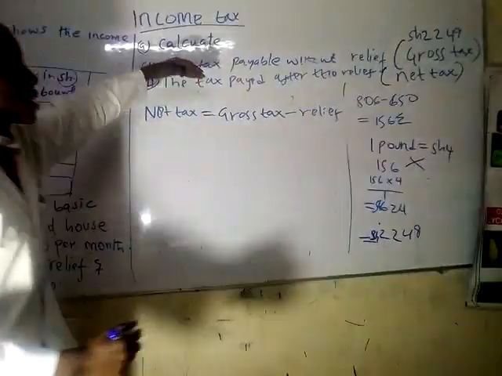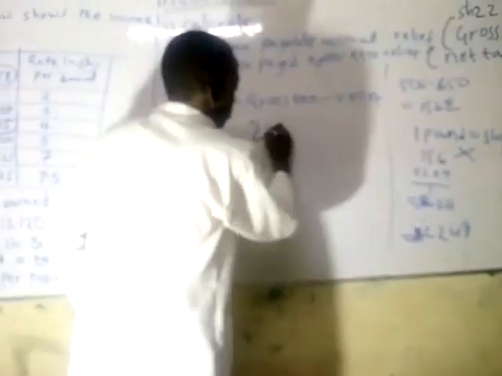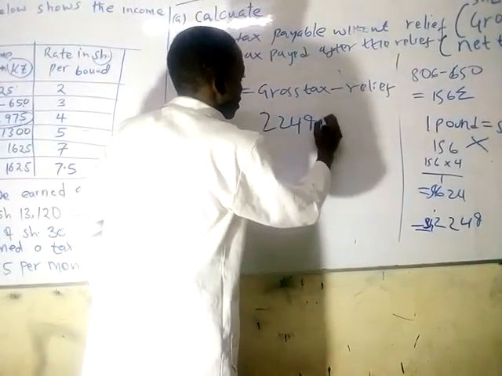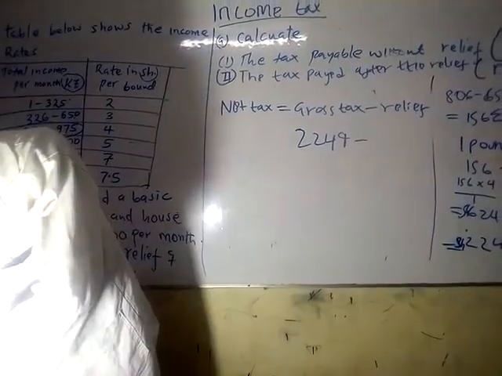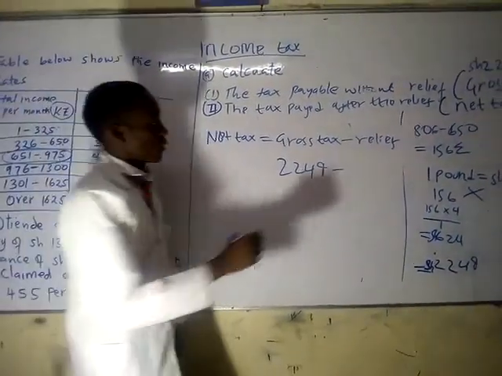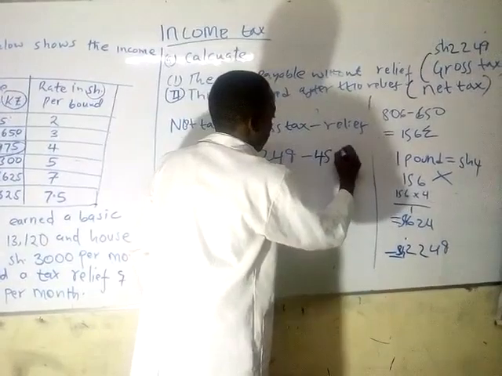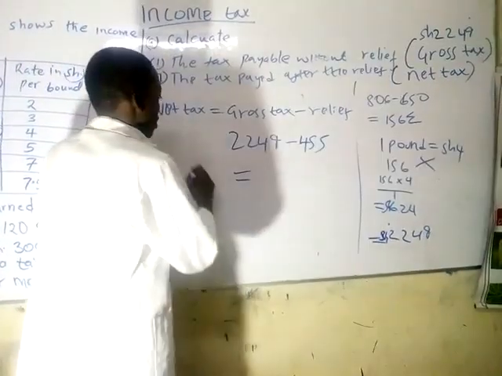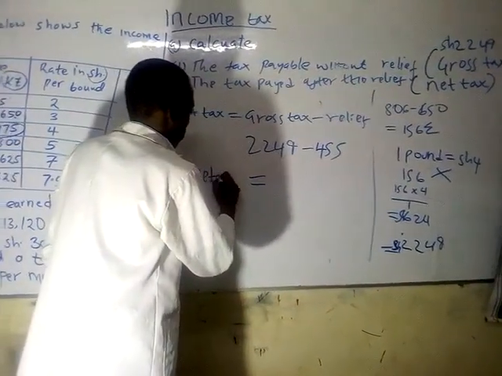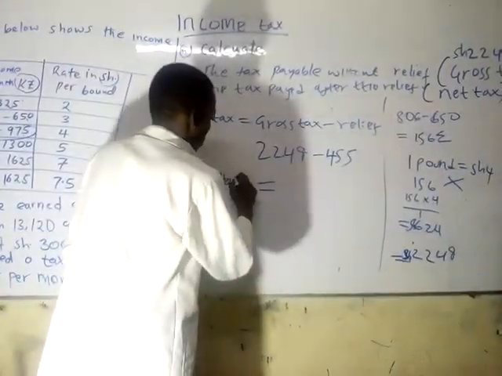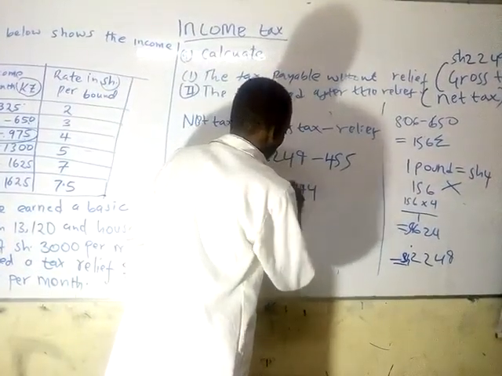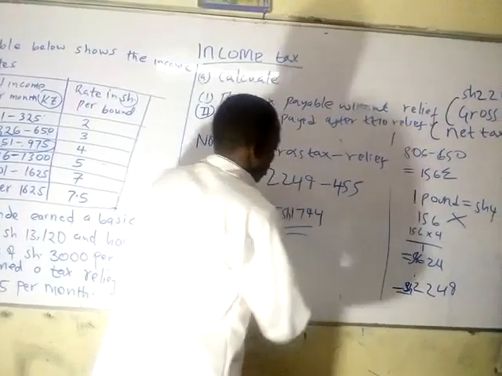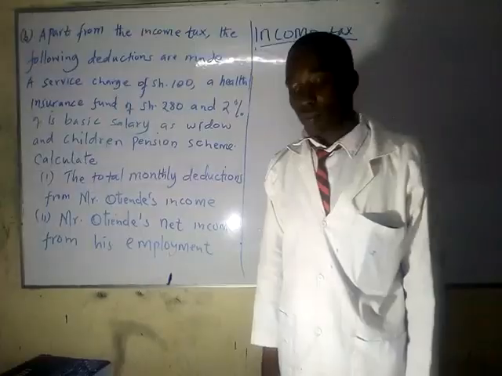Our gross tax was the tax payable without the relief, which we got as shillings 22.49, minus our relief, which was shillings 4.55. When you minus this, you get the net tax. So our net tax will be 17.94 shillings. That's the second question.